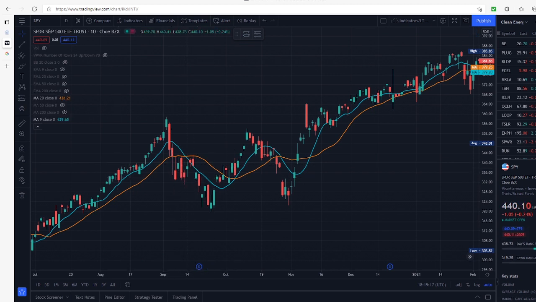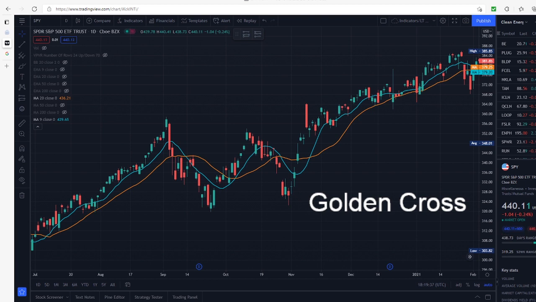One is called the golden cross, and this is when a shorter term moving average breaks through a longer term moving average. This is an indication of a bullish breakout because this implies that the shorter term or the more recent price action has been significantly up when compared to the longer term price action, which is what's driving that longer dated moving average.